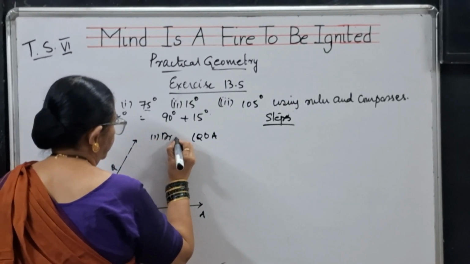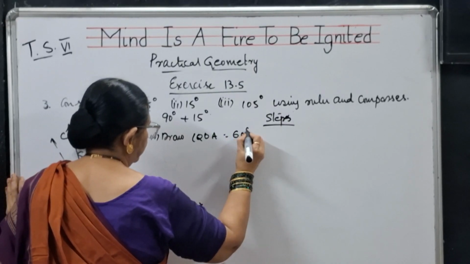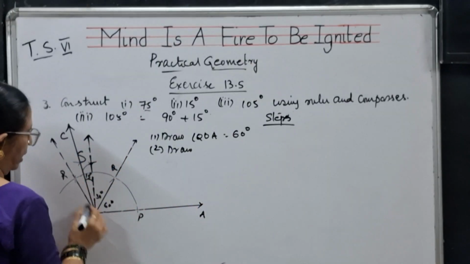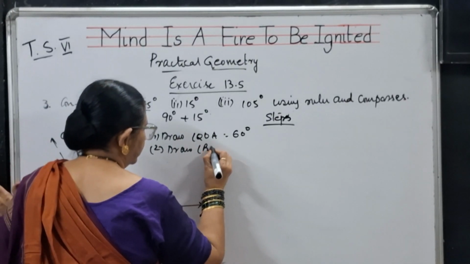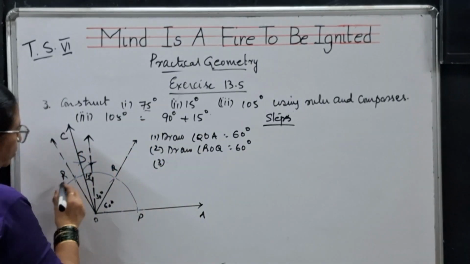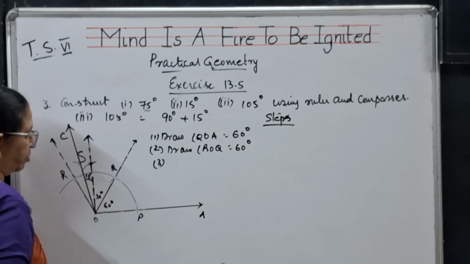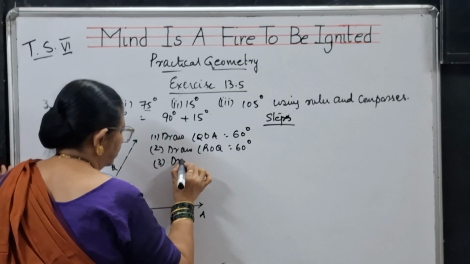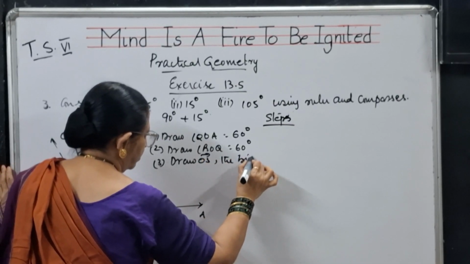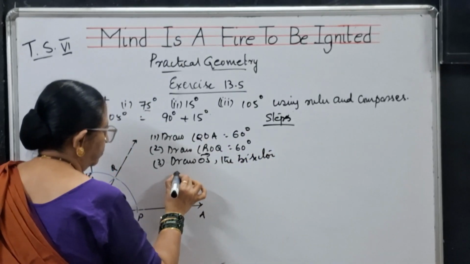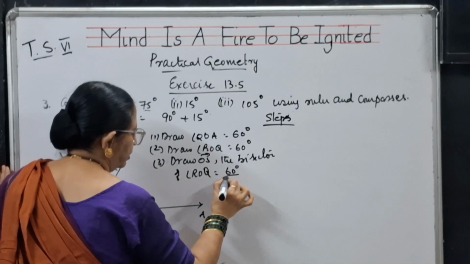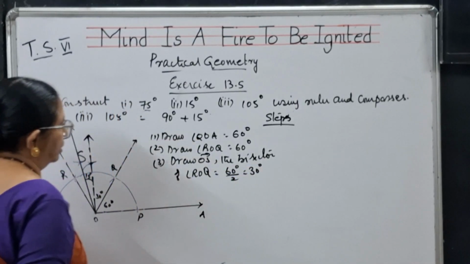First point, draw angle QOA is equal to 60 degrees, and second one, draw angle ROQ is equal to 60 degrees. Afterwards, what you have done? You have drawn OS, the bisector of angle ROQ, that is equal to 60 degrees by 2, that is 30 degrees.